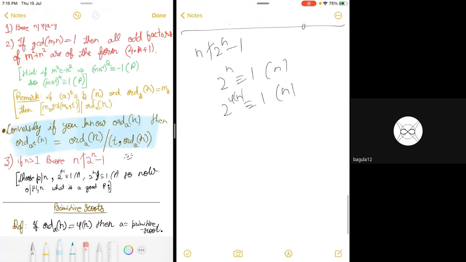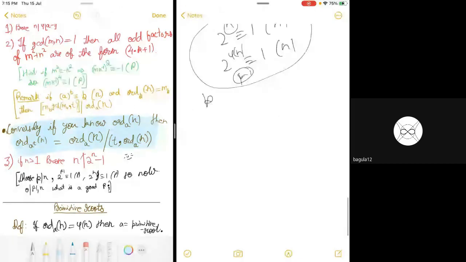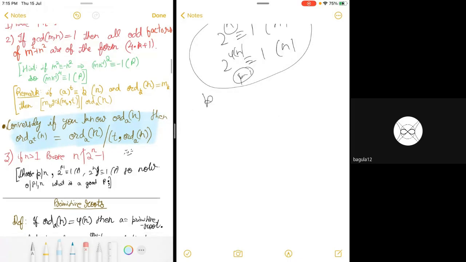We work much better for primes. So you consider a prime p and then write this same thing. Now there will be a particular prime for which the GCD of n and phi of p, which is p minus 1, will be 1. So then you have to work out the rest of the problem.